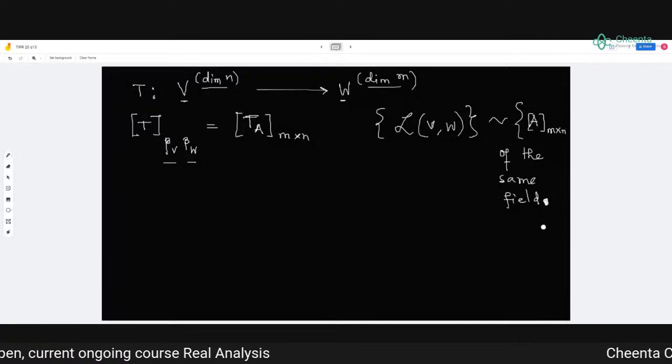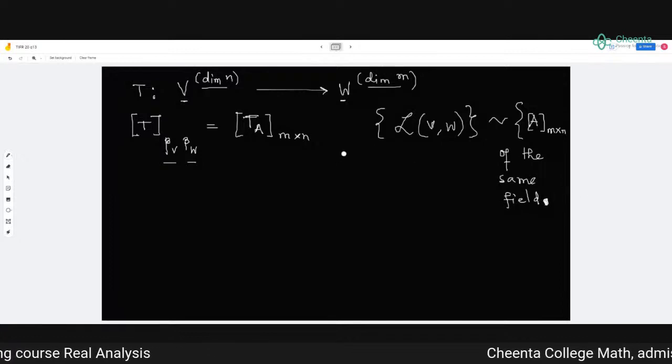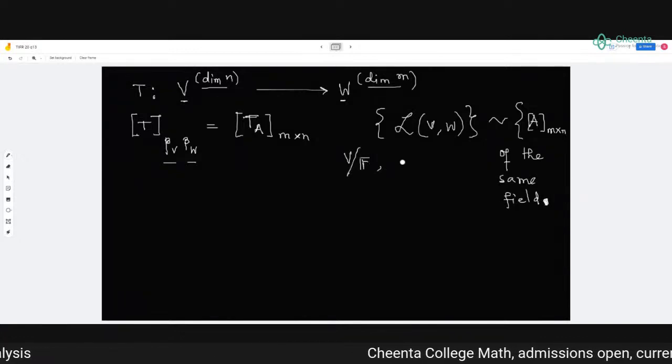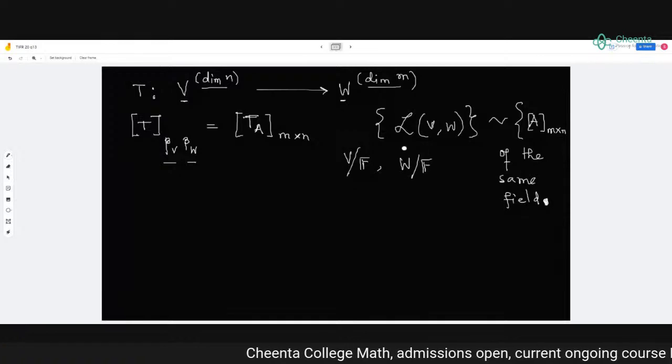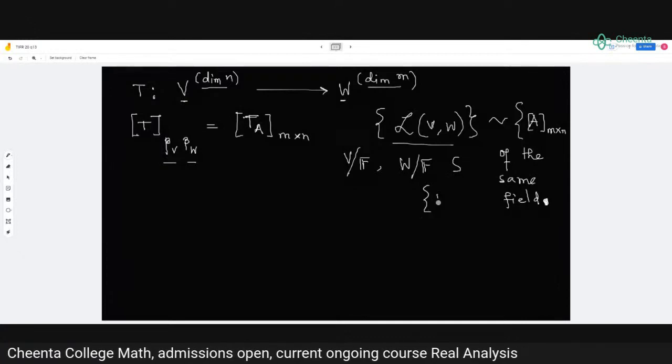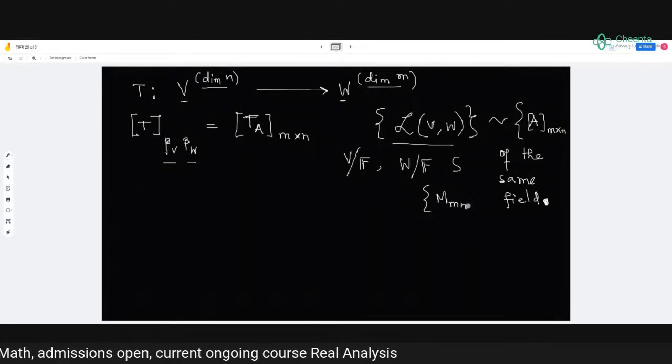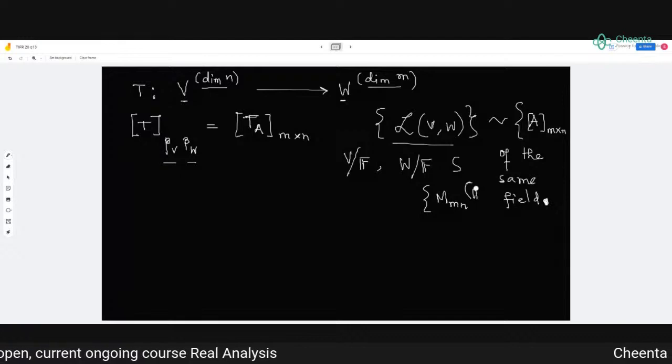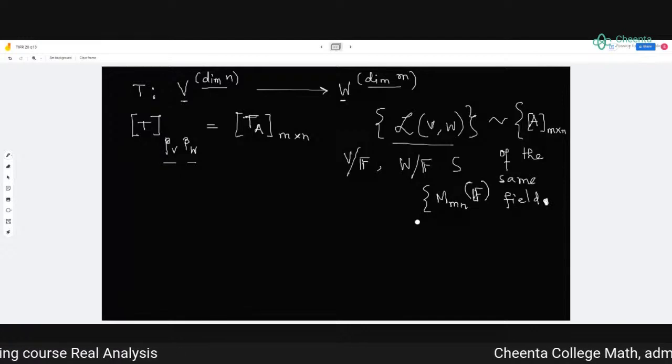If v is a vector space over f and w is a vector space over f, then this set is practically equivalent to M_mn(F). So this is the first thing.